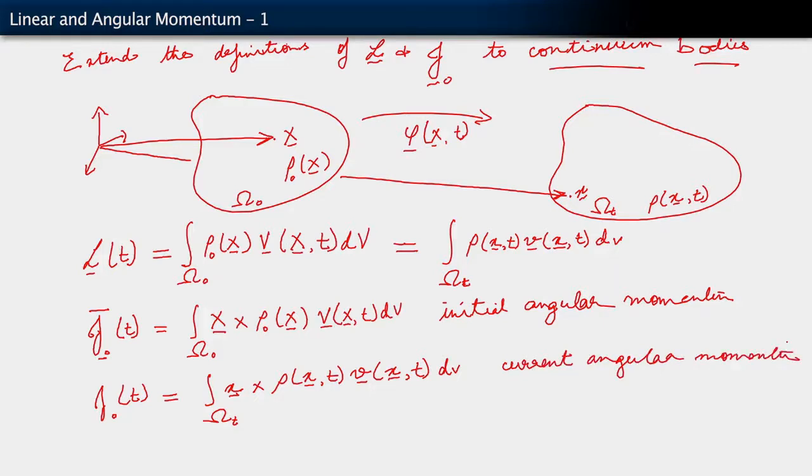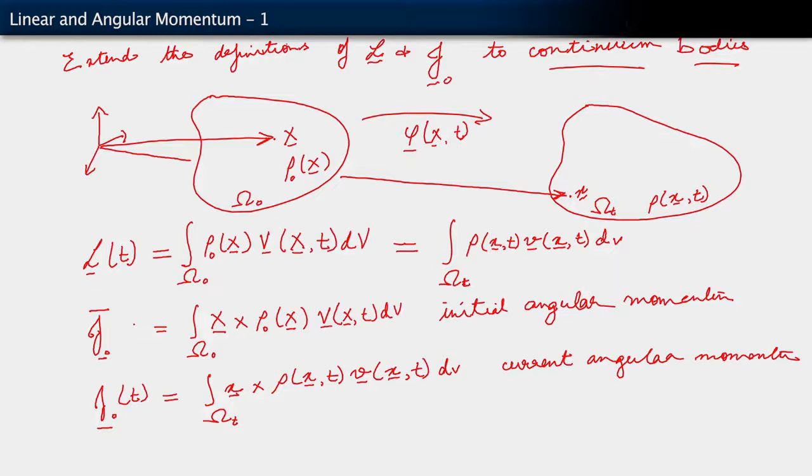And I observe that now I should correct what I wrote out here. Since it's the initial angular momentum, I have to get rid of this dependence upon time. The initial angular momentum was just for that initial time. So I've got rid of that dependence upon time.